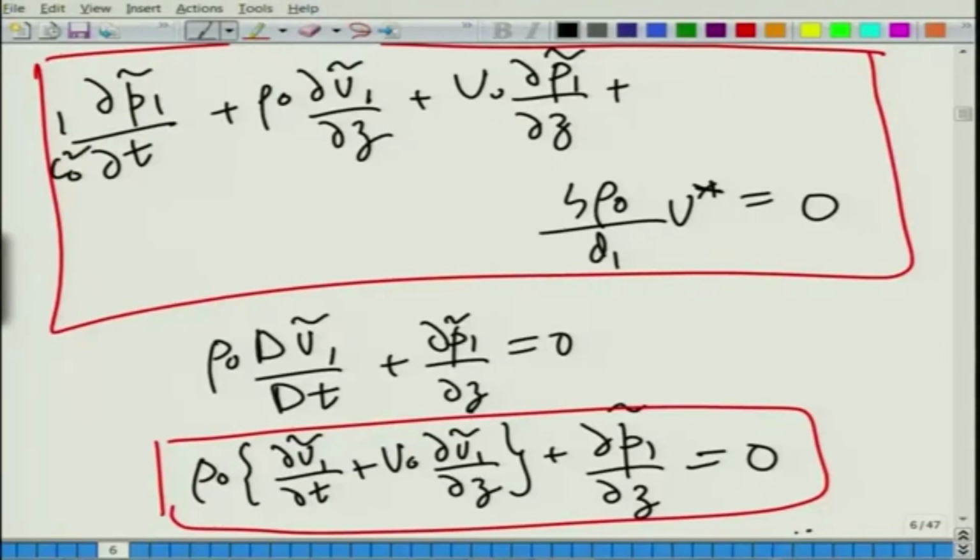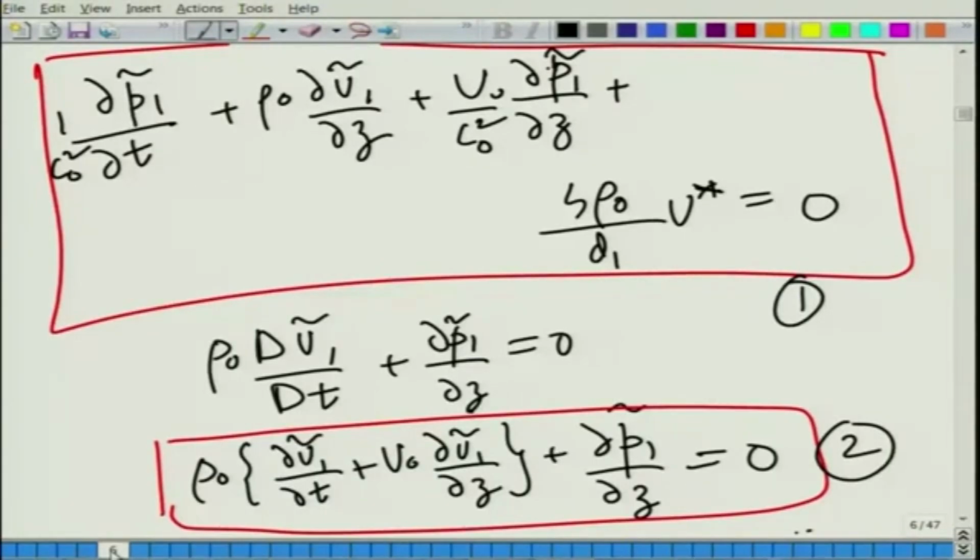And here also we get C naught square, and instead of this we get P 1. So, I am directly writing this as equations 1 and 2.